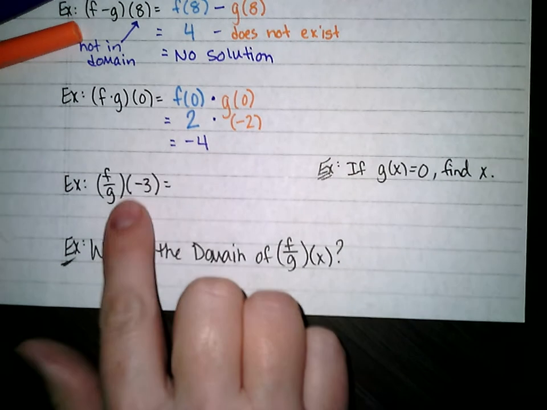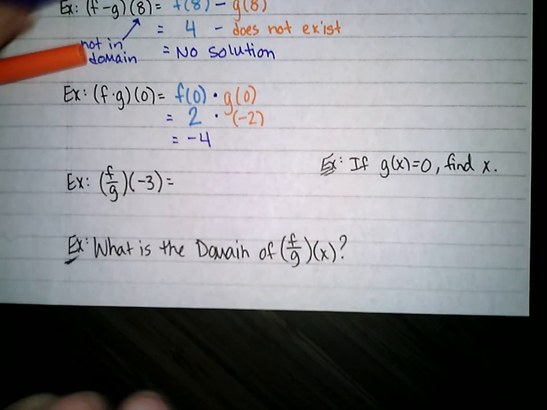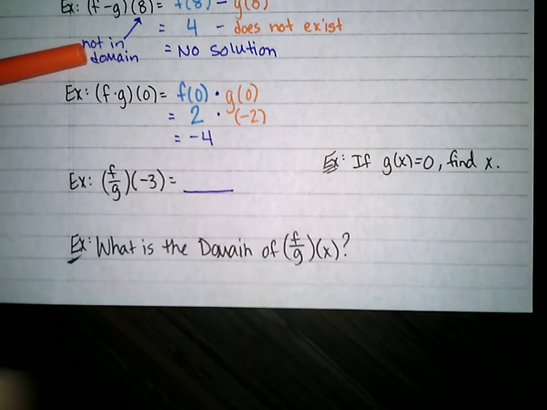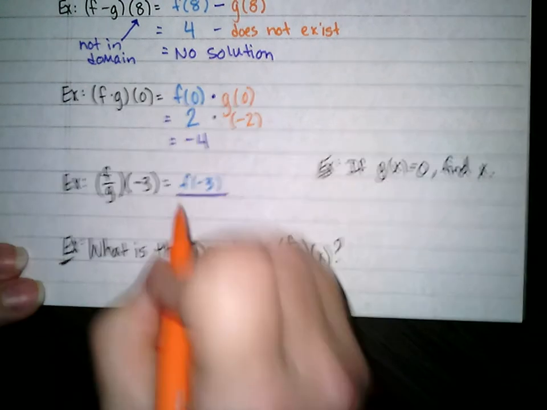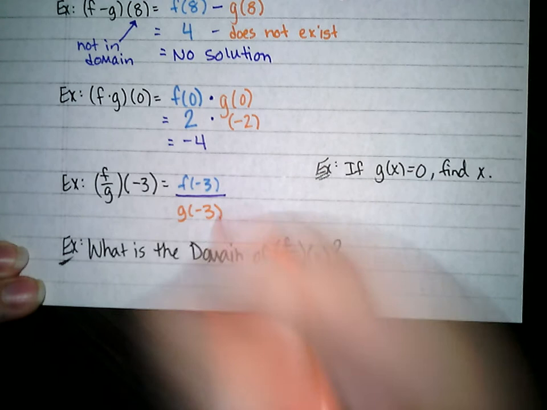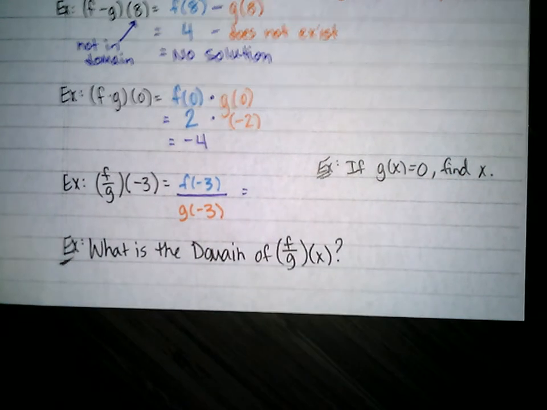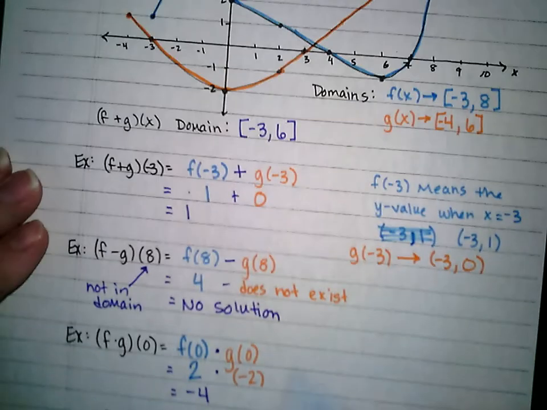Okay, let's look at this one next. F over g of -3. So that means we're going to be doing f of negative 3 divided by g of negative 3. So if we look on our graph, remember f of negative 3 means when x is negative 3, what is the y value on f of x?